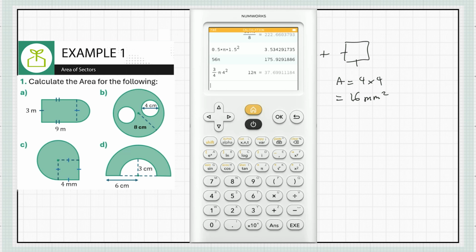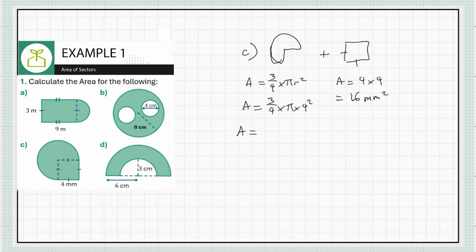So the result is going to be 12 pi, which equals 37.70. So we can just add on our 16 here and get our total answer, which is going to be 53.70. So our total area is 53.70 millimeters squared.